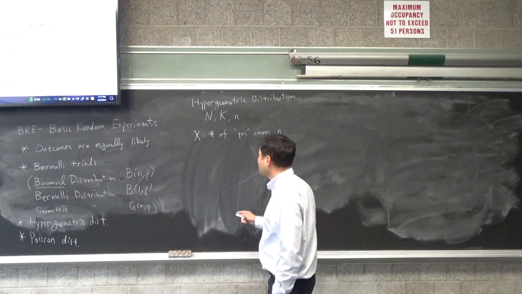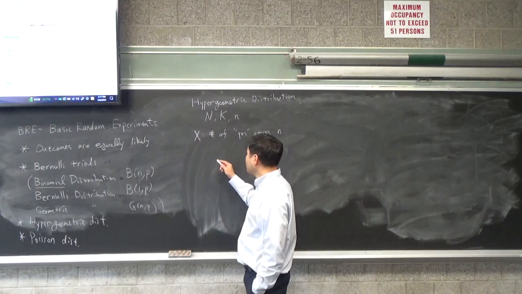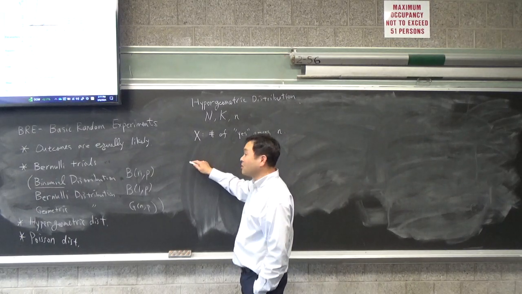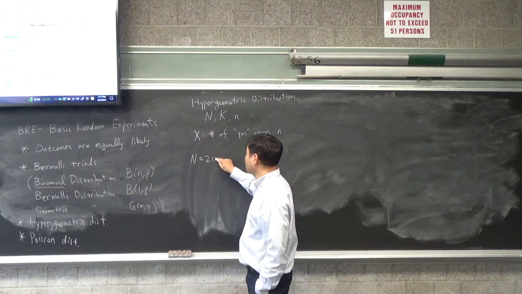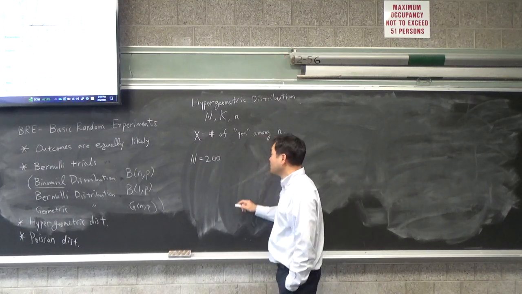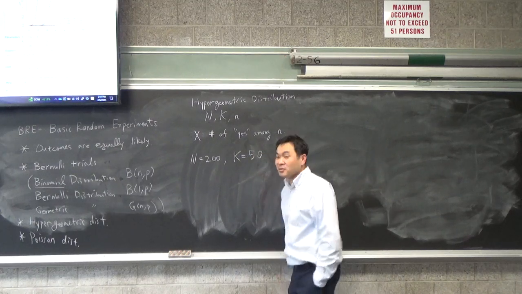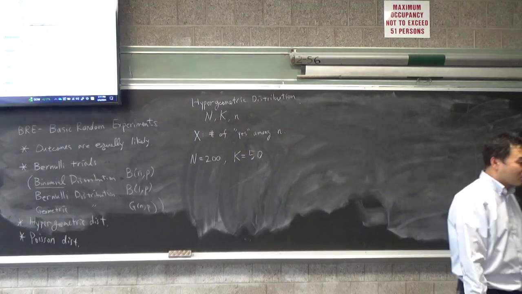Okay, so let's go with our previous example that I just said. Let's say there are 200 villagers in your village, and you know that, let's say, 50 people know your brand.